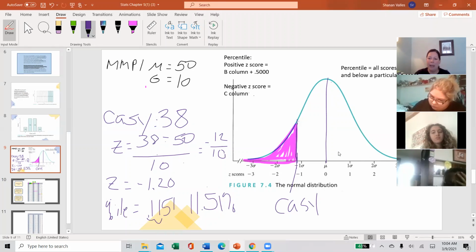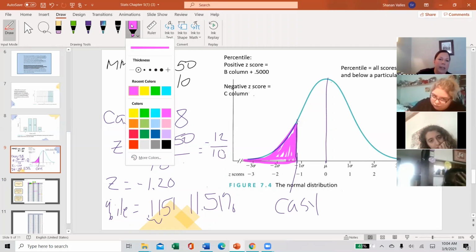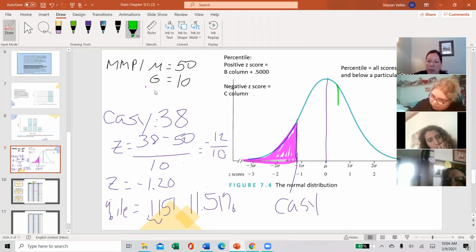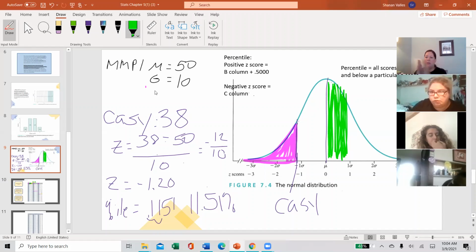All right, Natalia, why do we add if it's a positive z-score? It's above the mean. Okay. And so we're somewhere over here, right? I don't know where, it doesn't matter, but we're above the mean. So when we look at B column, all it's going to do is take us up to the mean.